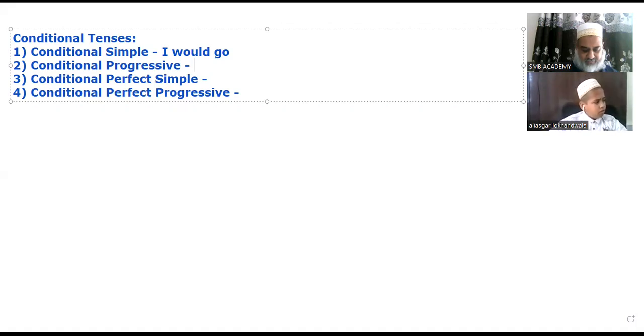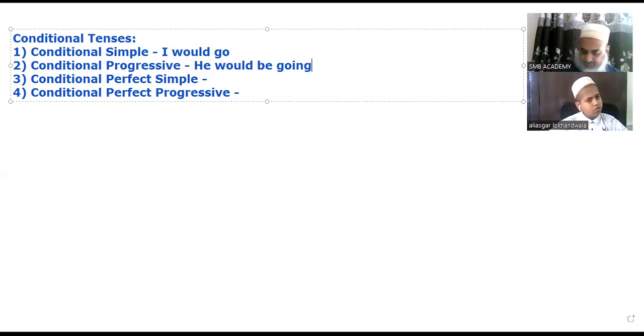It will say, he would be going. So there is no change. He would be going. It is almost for future. That also means that it's not 100% that he is going to go.